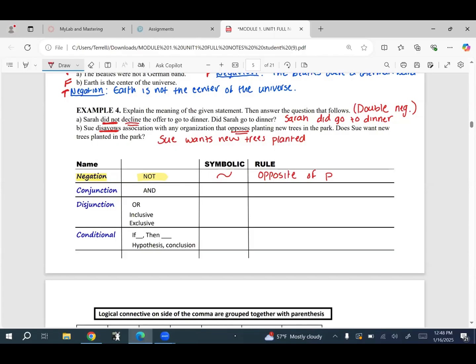It's called a logical connector. You don't need to know the name logical connector, but and connects propositions.